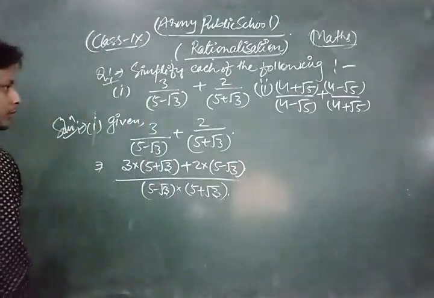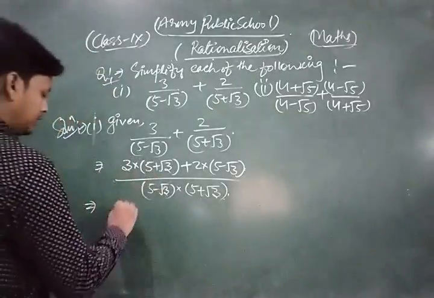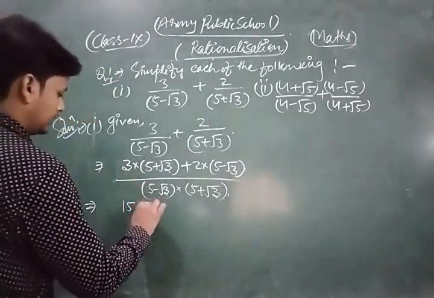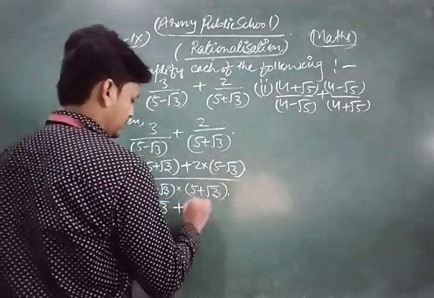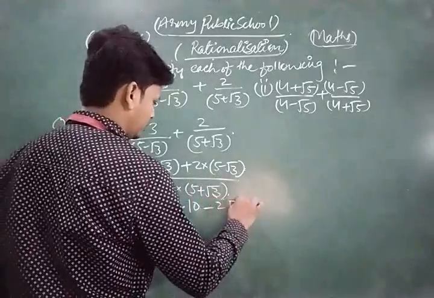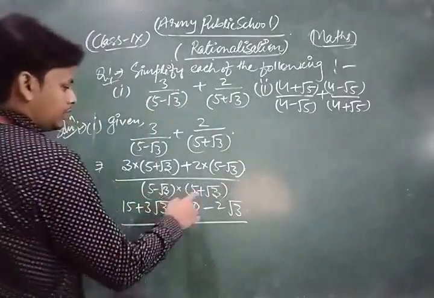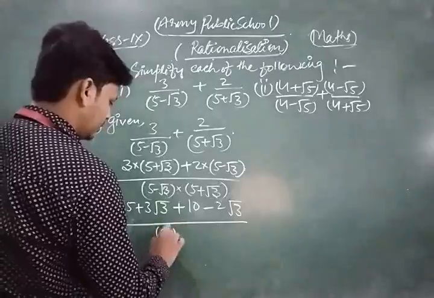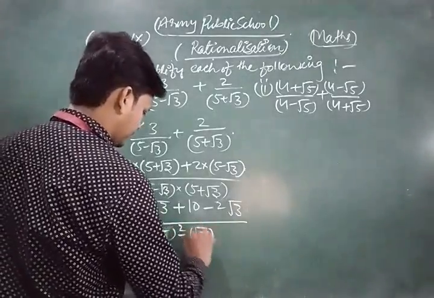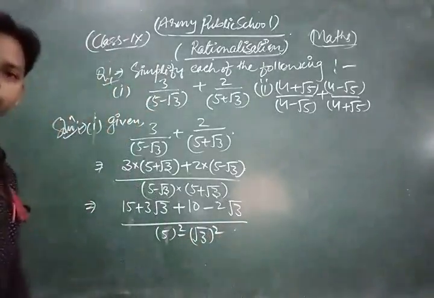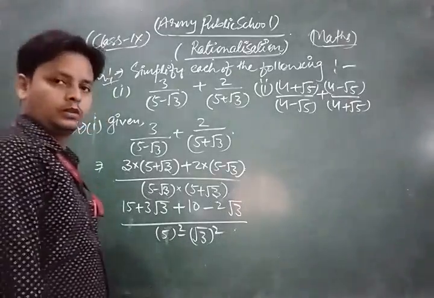Okay, look. So if we simplify them, we get 3 5s are 15 plus 3 under root 3 plus 2 5s are 10 minus 2 under root 3, divided by a minus b into a plus b. So we can write as a square minus b square.